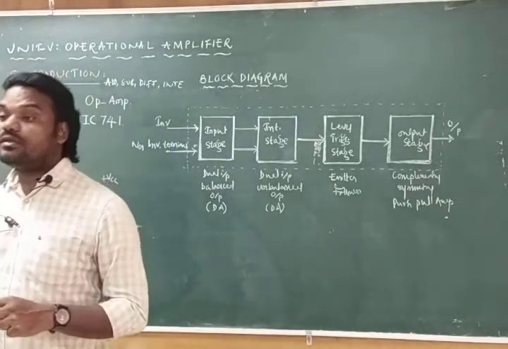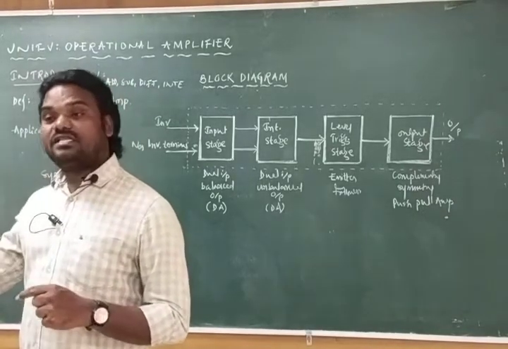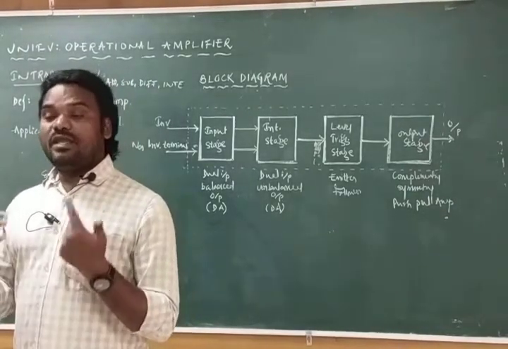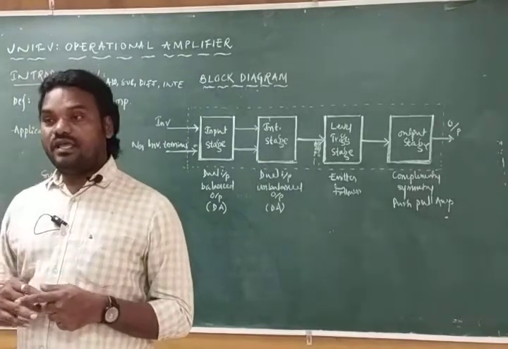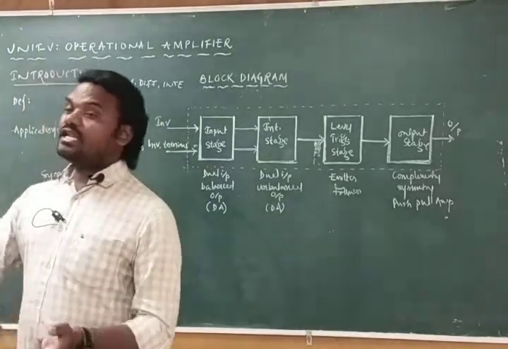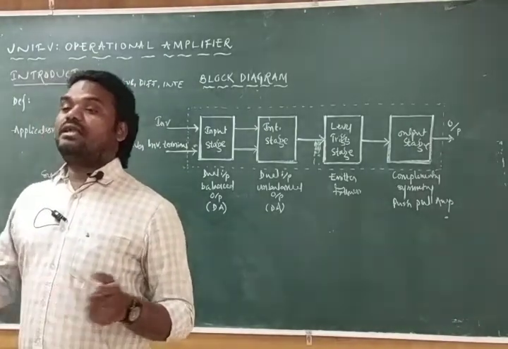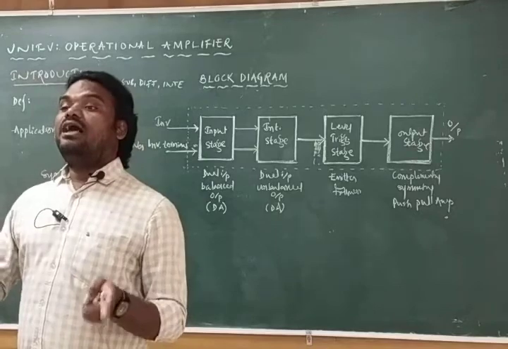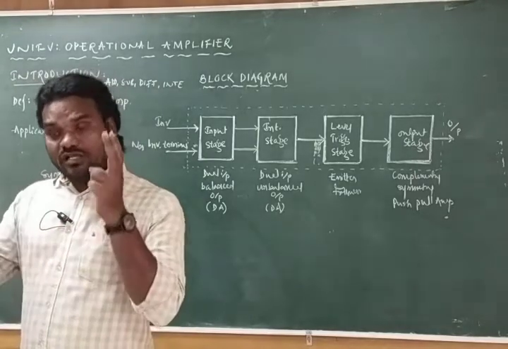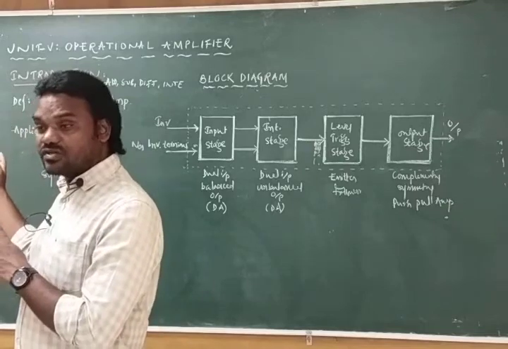Like it can be used in the oscillator circuit also. Operational amplifier can be used in the oscillator circuit. It can be used in voltage regulator circuits also. It can be used in the filter circuit also. That means at the time of invention, the operational amplifier was purely designed to perform mathematical operations only.